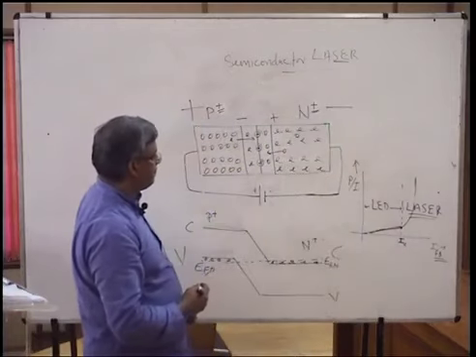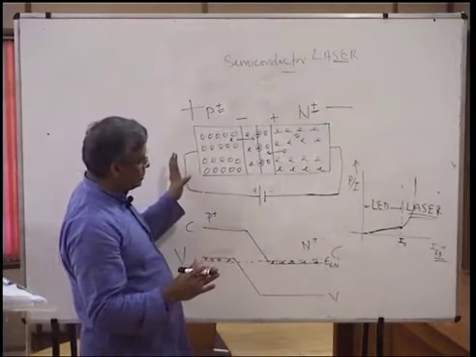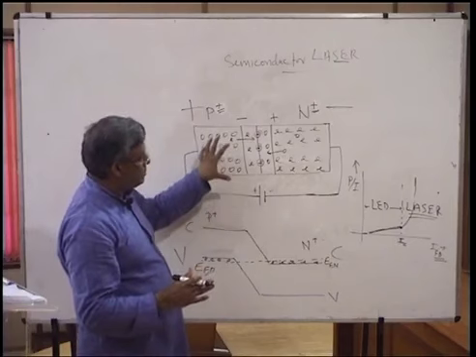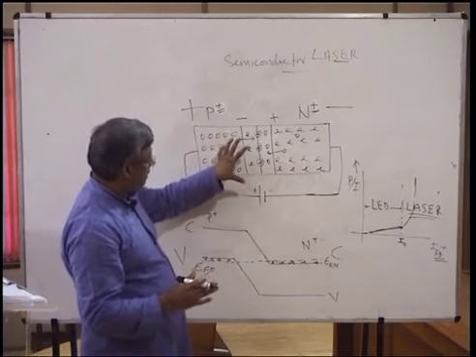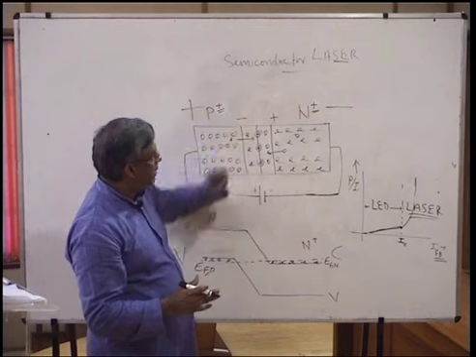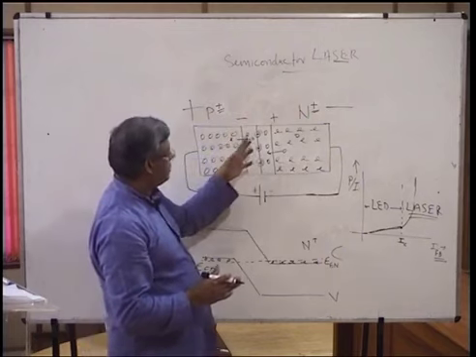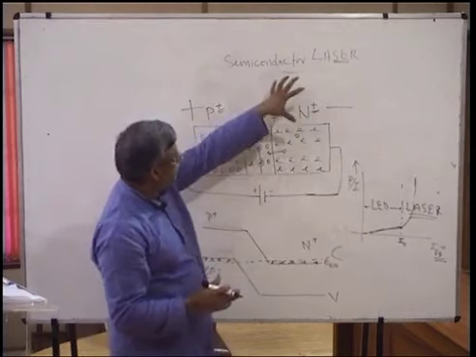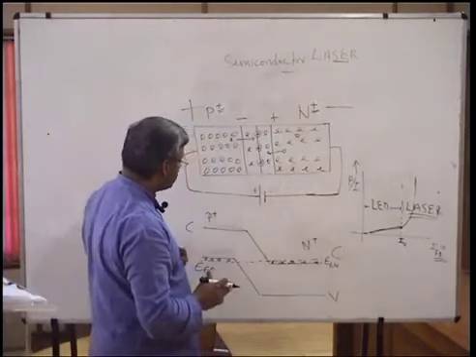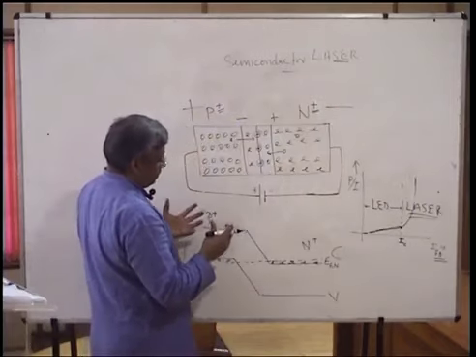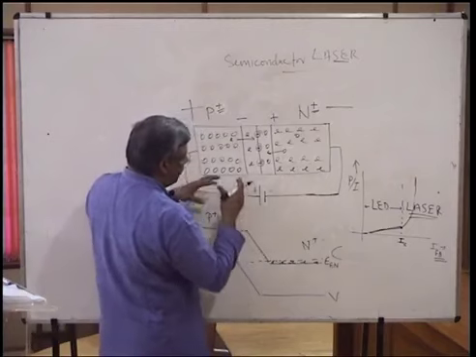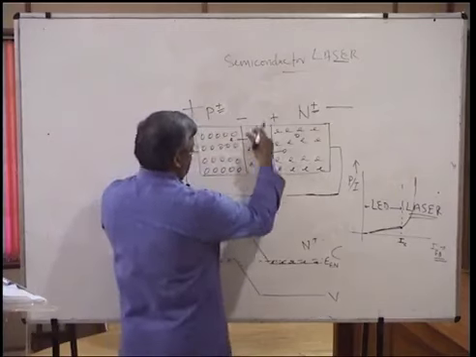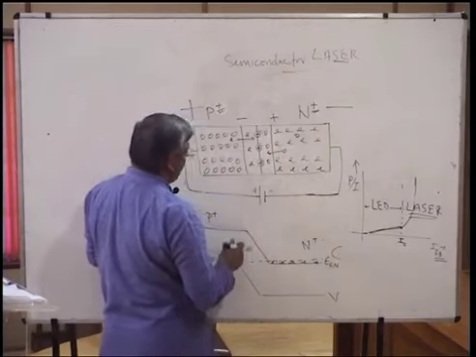laser. So we have discussed two types of emission of light. One is spontaneous emission from the LED, and second, stimulated emission in the laser. And for every laser, the condition of population inversion should happen.